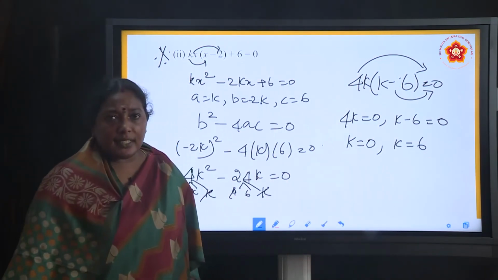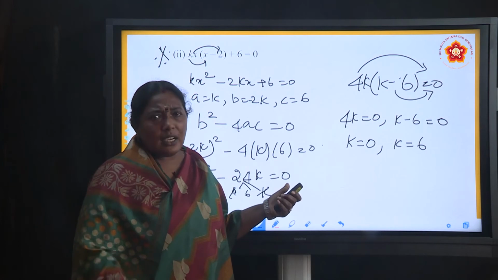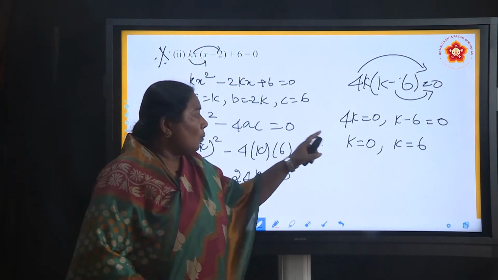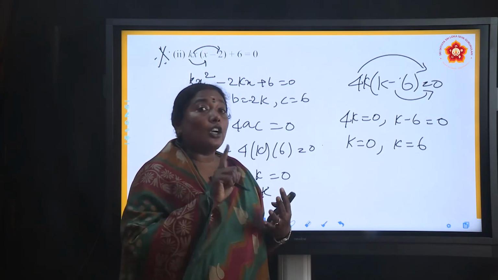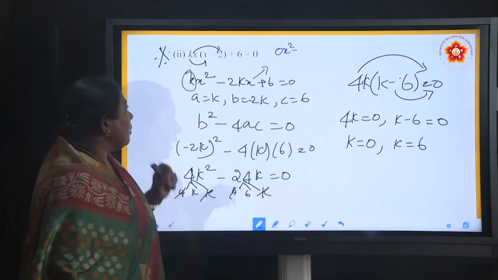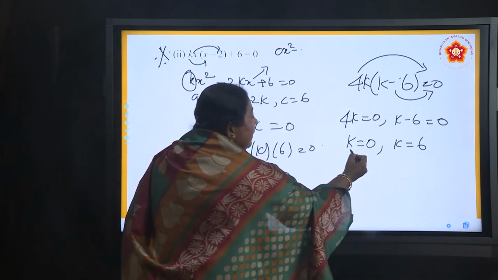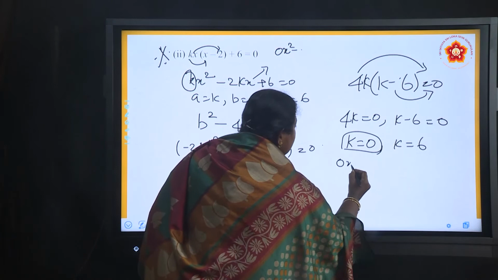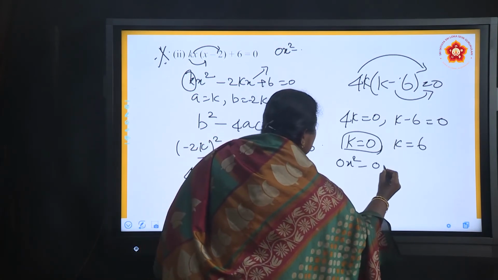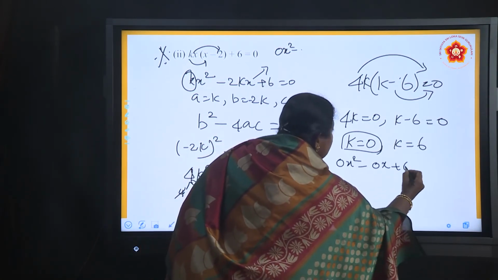Now the question arises that this is not a real time situation. So why am I not taking the 0 value, or do I have to take the 0 value or not? That is a big question. Now if we give the k value as 0, what will I get? 0 x square minus 0 x plus 6 which is equal to 0.